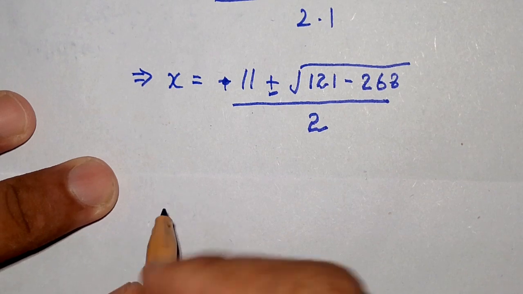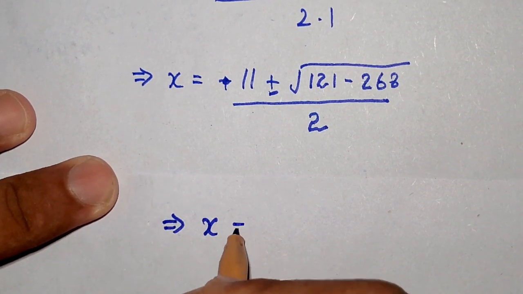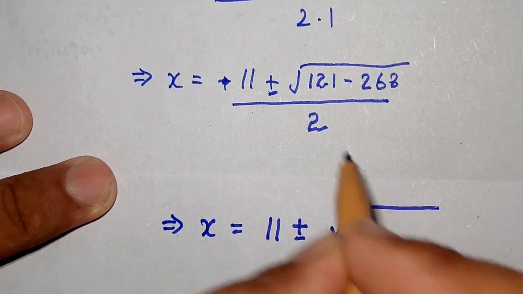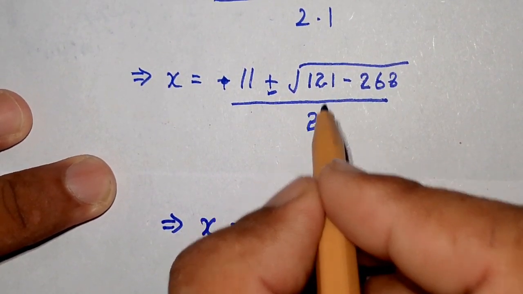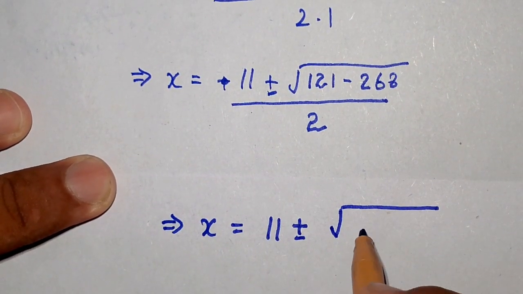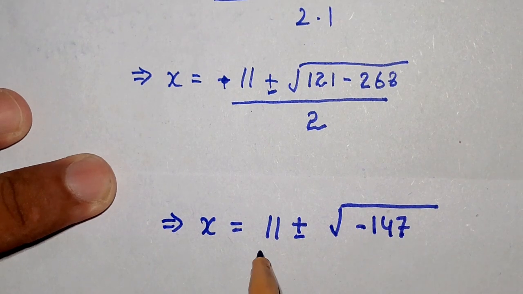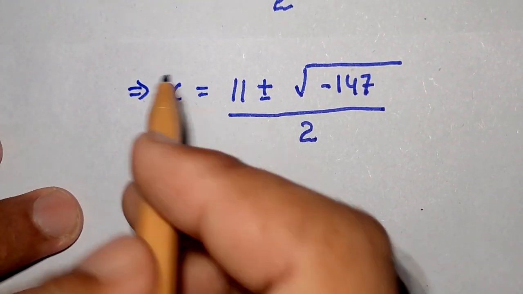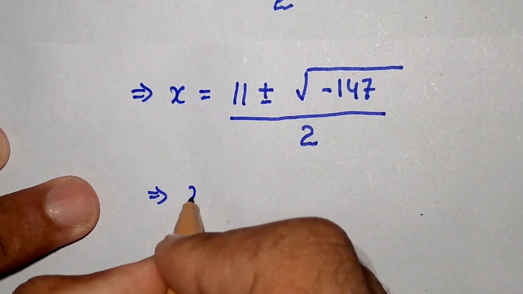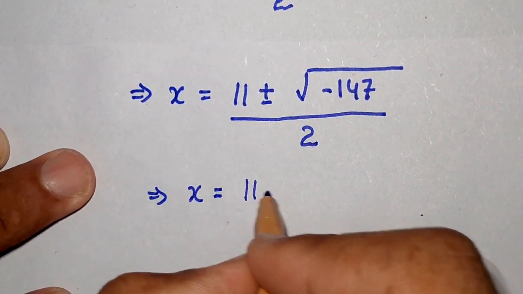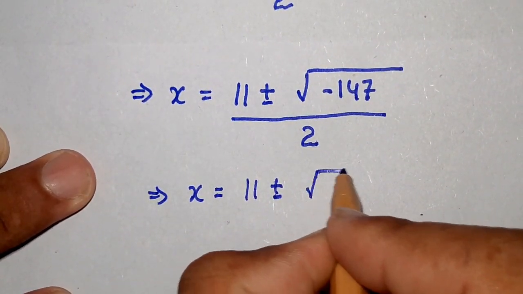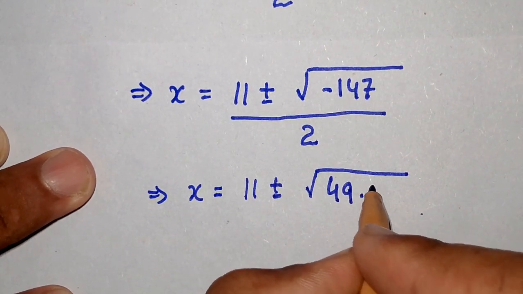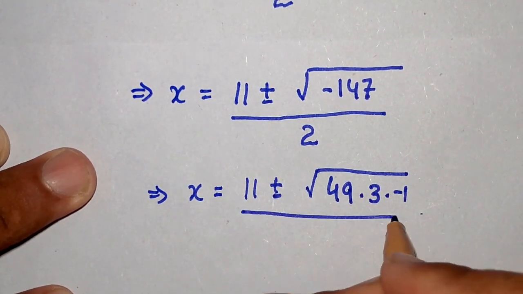In the next step, x is equal to 11 ± √(−268 + 121), this is equal to −147, divided by 2. In the next step, x is equal to 11 ± √(147), which can also be written as 49 times 3 times −1, divided by 2.